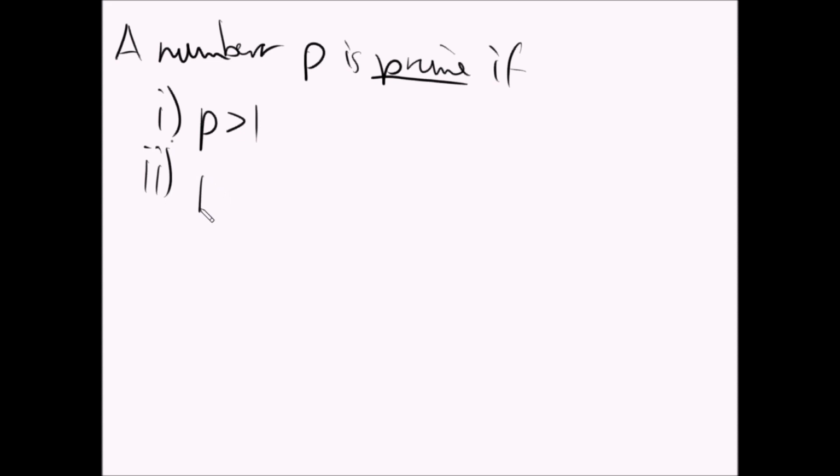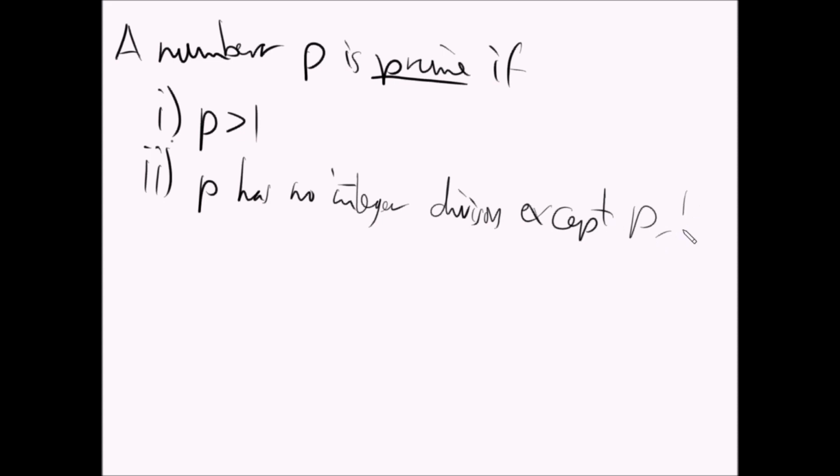Secondly, P has no integer divisors except P and 1. So if both these conditions are met, then P is called a prime number.